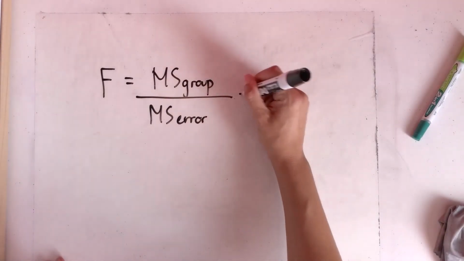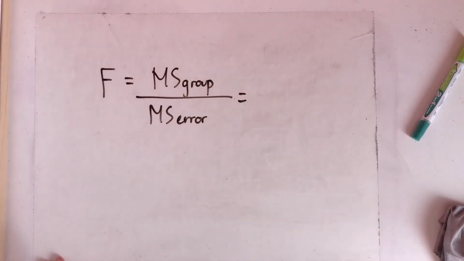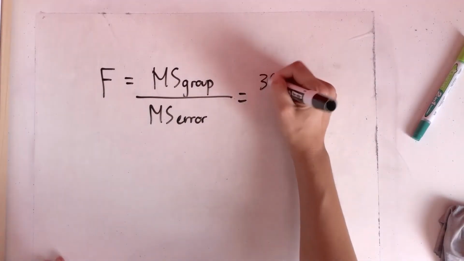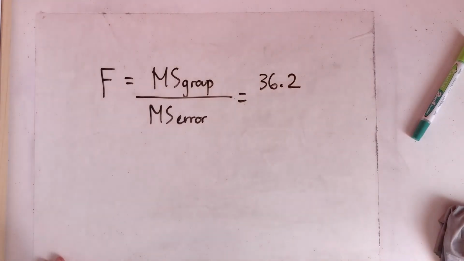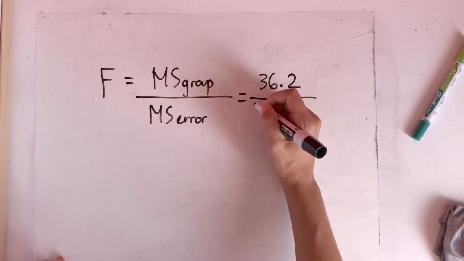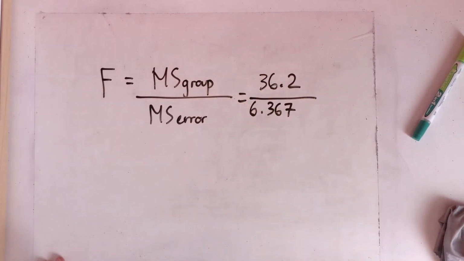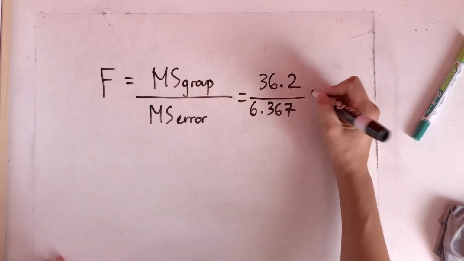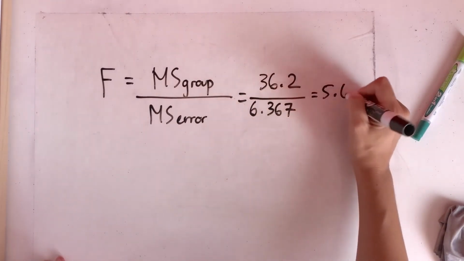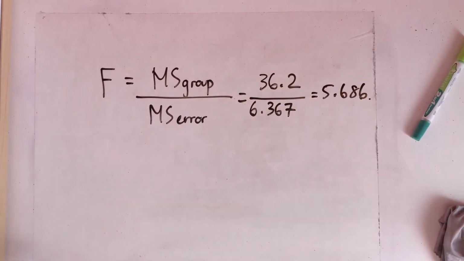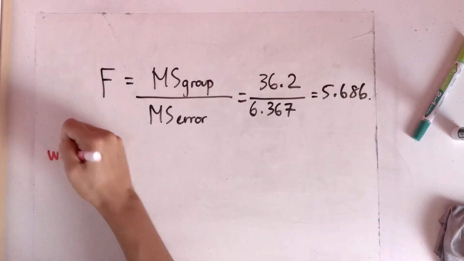So in math, or numbers at least, we have 36.2, which we computed before, and we're dividing that by our new mean squared error, which is 6.367 to 3 decimal places, and that ends up giving us 5.686.